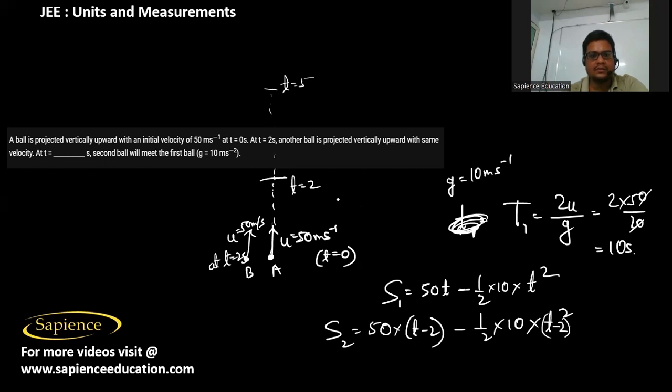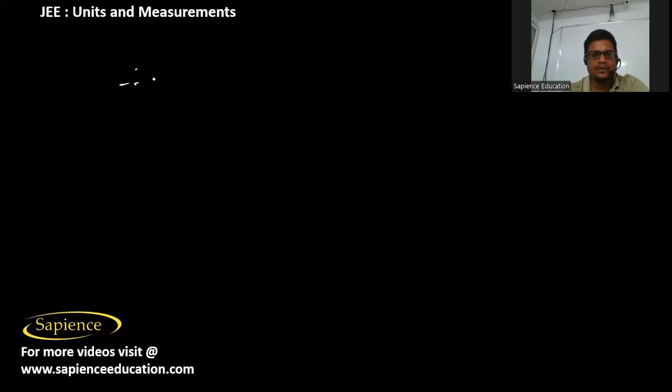Now at some time t that we have to find, S1 will be equal to S2, means their displacements will be the same. Therefore S1 will be equal to S2 at time t.